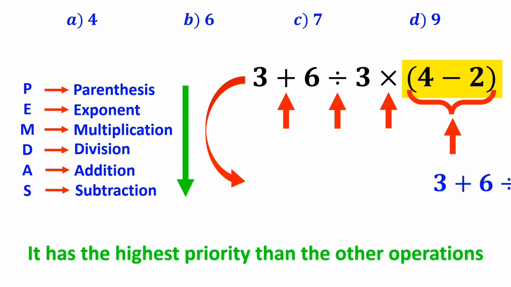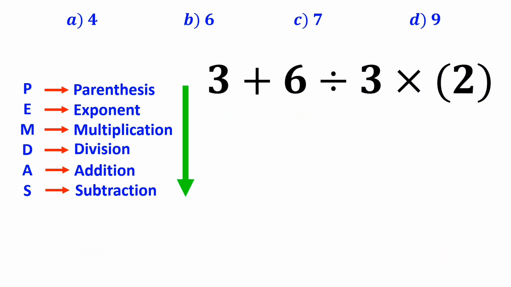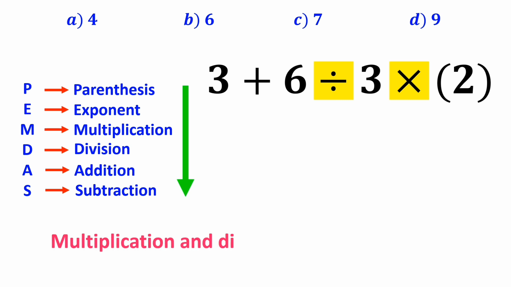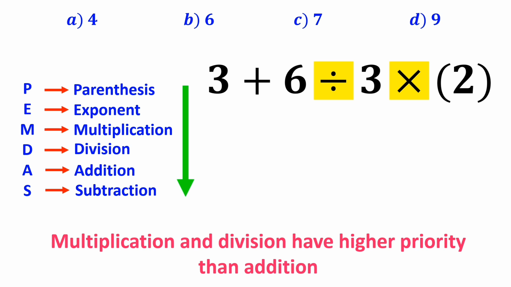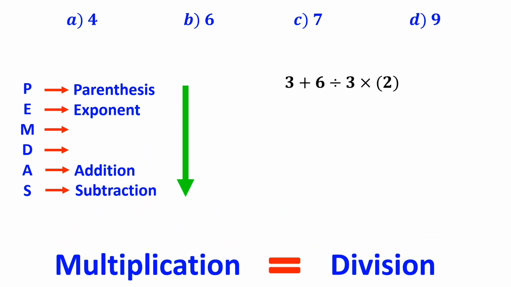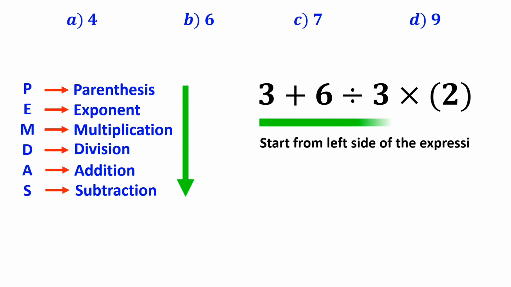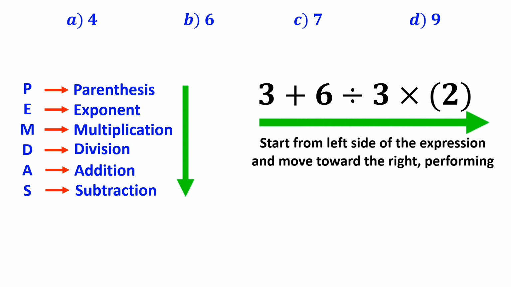So, instead of this expression, we can write 3 + 6 ÷ 3 × 2. In the next step, we need to handle the division and multiplication, because multiplication and division have higher priority than addition. However, it's very important to note that in the PEMDAS rule, multiplication and division have the same level of priority. In this case, the best thing to do is to start from the left side of the expression and move toward the right, performing division and multiplication in order.